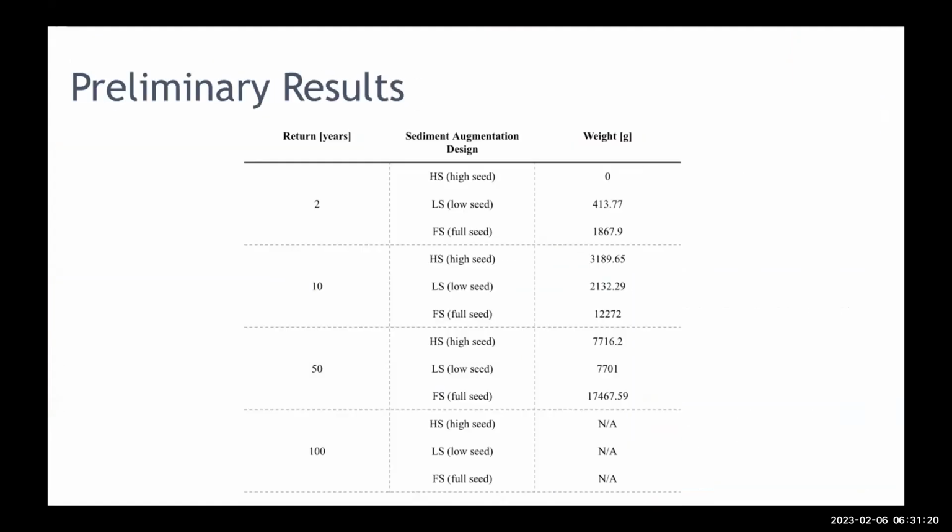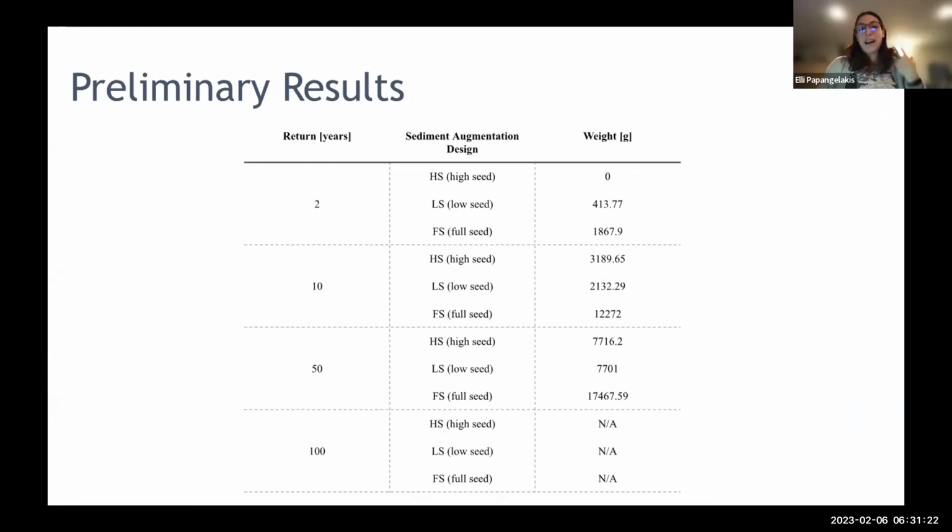Yeah, great question. It depends on the flow. In the 2-year and 10-year flows, we still see that the majority of the sediment is retained. Once you get up to the 50- and 100-year flow, depending on your seeding strategy, you may have sediment left or not.